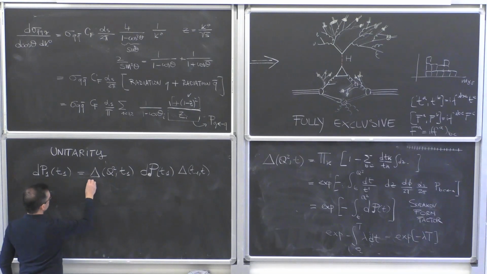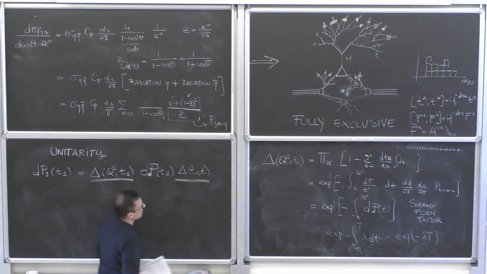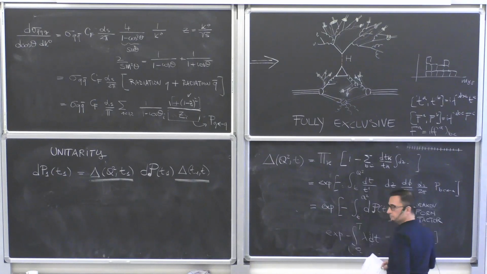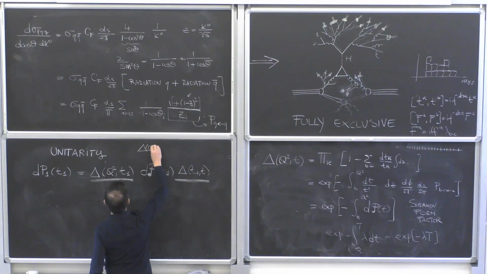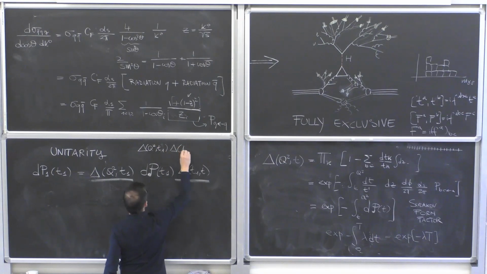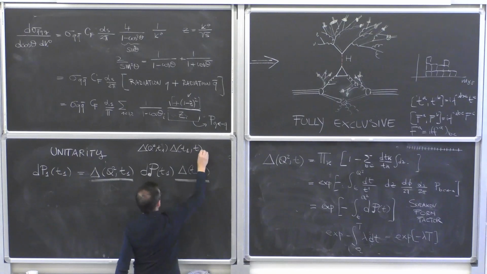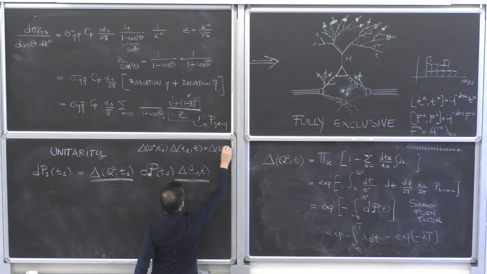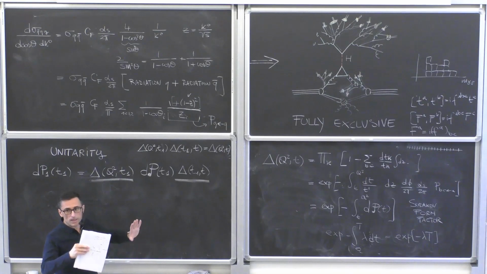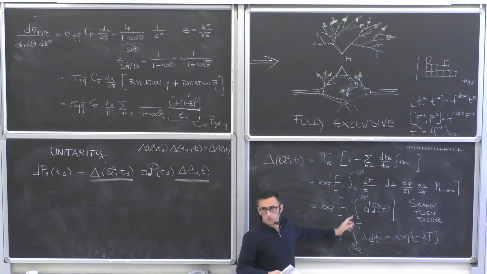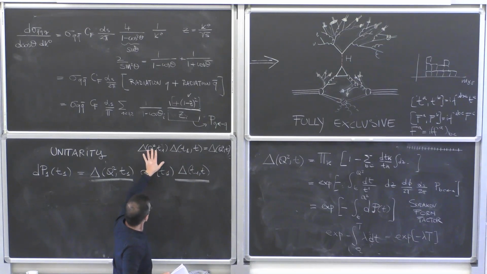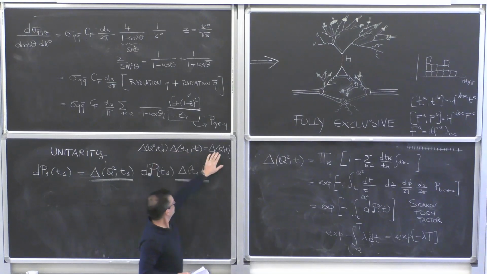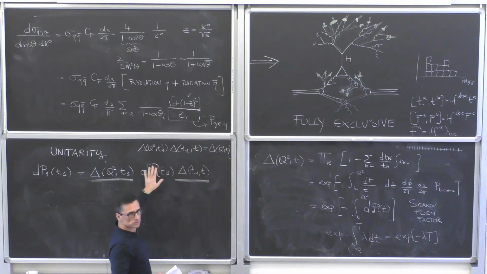But now you see that in the way this is built, the Sudakov form factors combine, because they are multiplied, but then there is an integral in the exponential, so you combine the exponentials, and from the product of chained Sudakovs you get the total Sudakov in front.